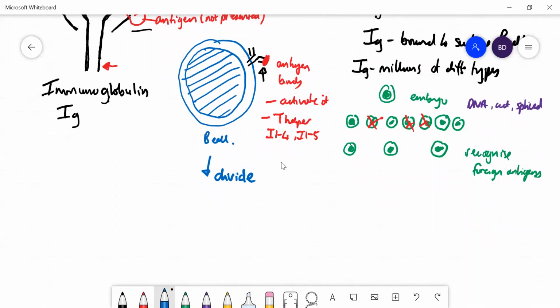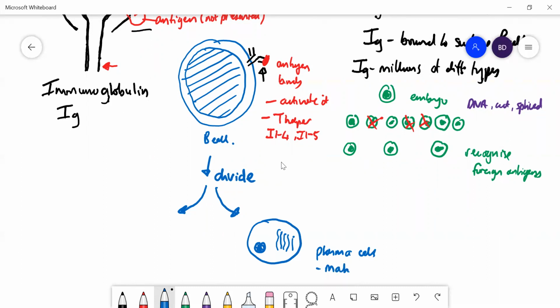They can then differentiate into two different kinds of cells. One lot turn into the plasma cell. If you look at the plasma cells, they've got lots of rough endoplasmic reticulum, and the reason for that is they make lots of immunoglobulin, which is a protein.